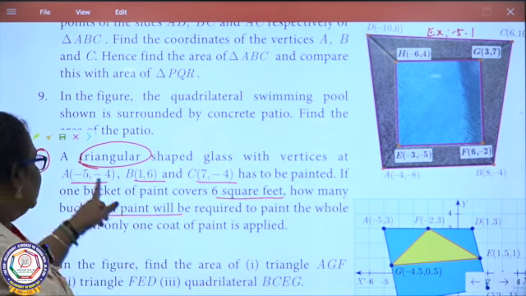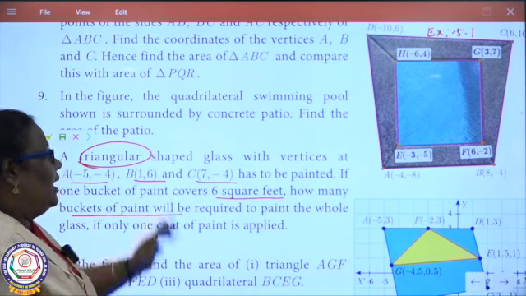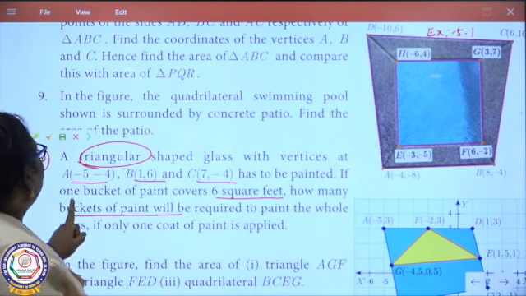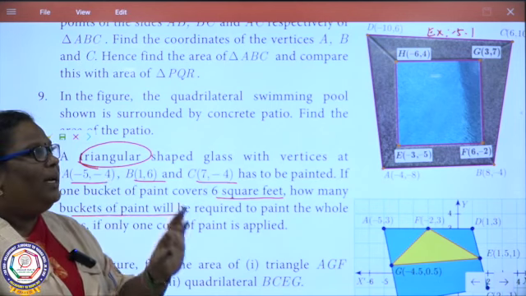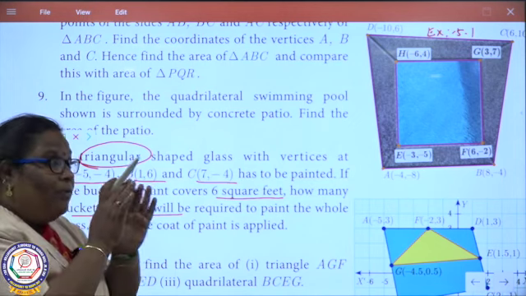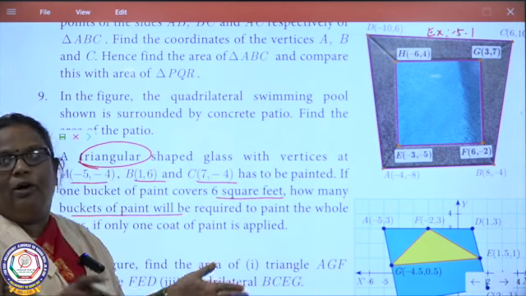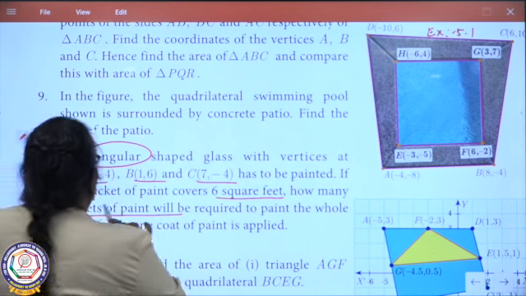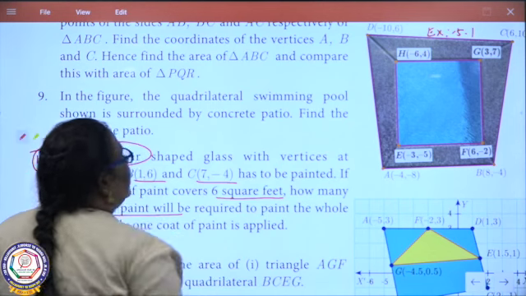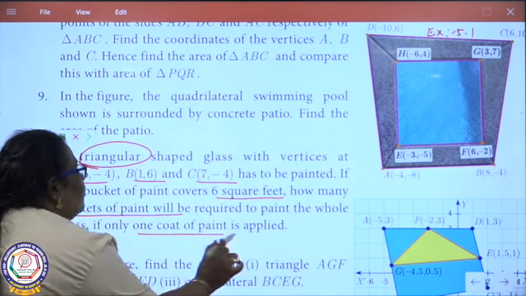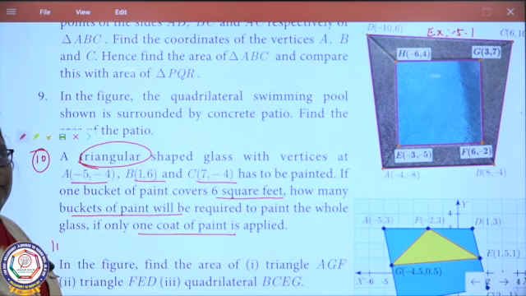See here, a triangular shaped glass is there. It has vertices A, B and C. It has to be painted, and one bucket of paint covers only 6 square feet. So we have to cover the total area of the triangle. How many buckets of paint will be required to paint the whole area, with one coat of paint applied?